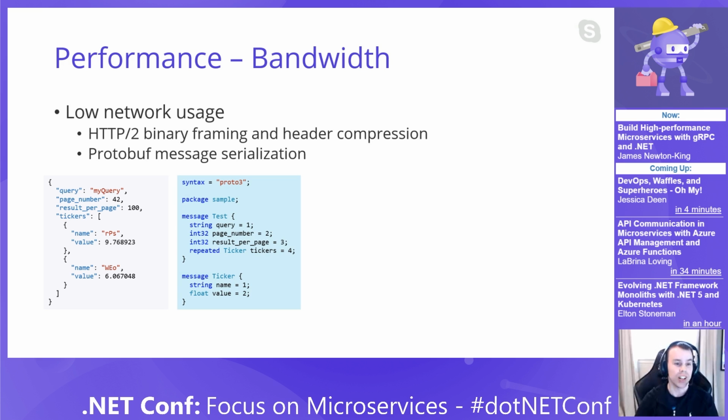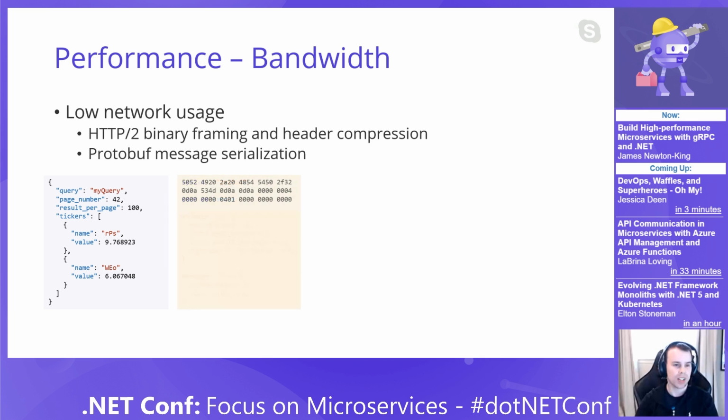There's no point sending query and saying query is a string, page number, results per page. Both sides already know this information. Having the contract on both sides allows us to remove unnecessary information and just focus on the actual data itself. So although these two bits of text look about the same size, the actual content that's getting sent with protobuf is just very small binary.